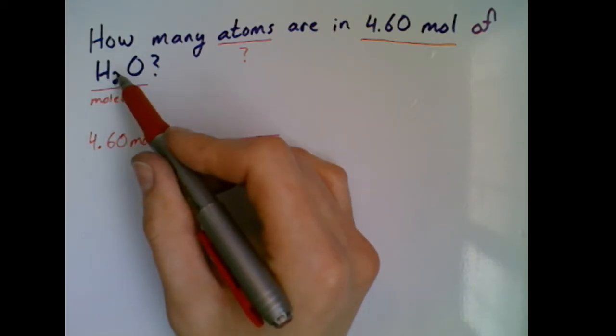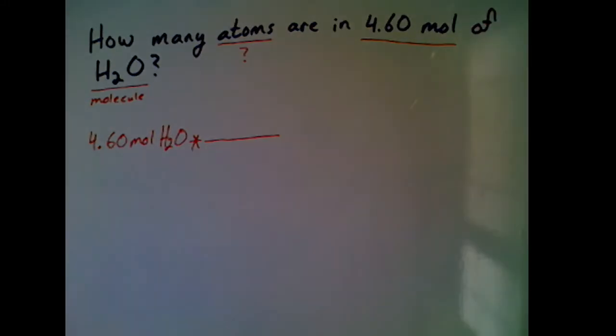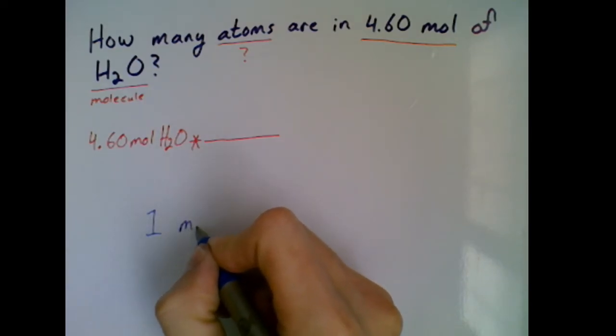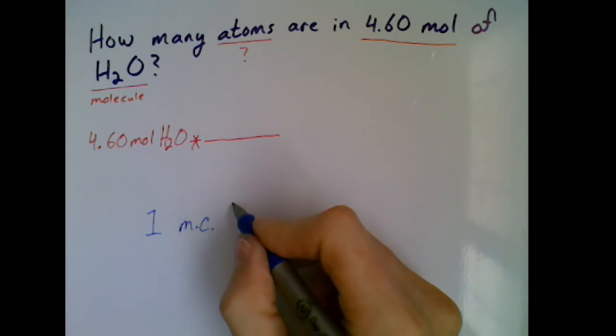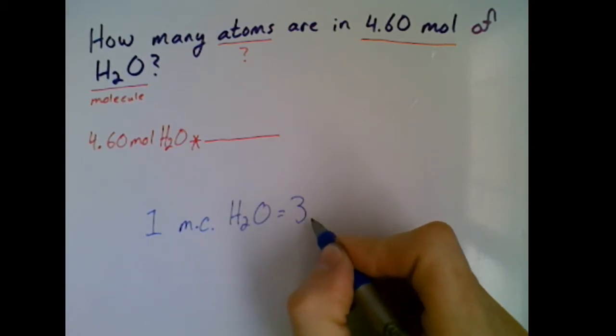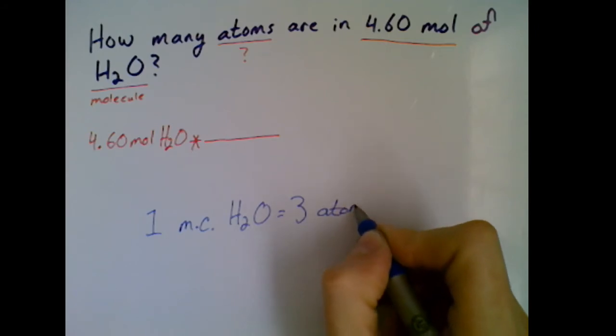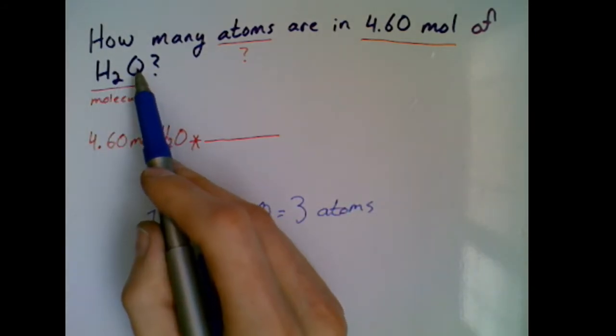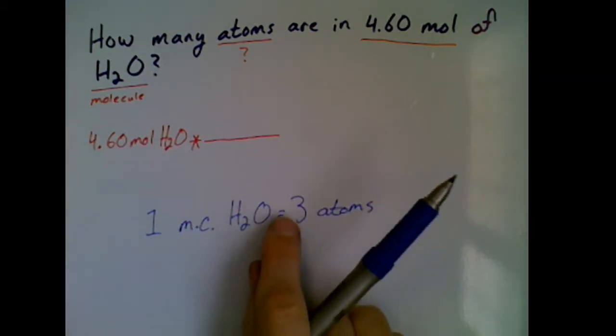Because if I know how many H2Os there are, then I can think about how many atoms are in H2O. In every one molecule of H2O, there are 3 atoms, right? There's 2 H's and 1 O for a total of 3 atoms.